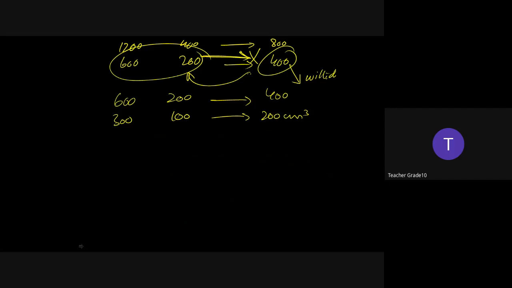That is the simplest method to increase your productivity. That is one of the factors, and that factor is concentration. You just have to increase the concentration of reactants, or withdraw the product.